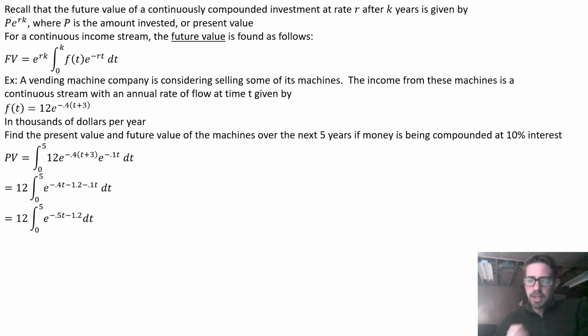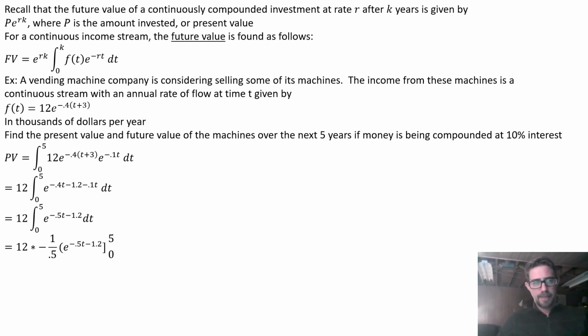Again, just think about the substitution rule. We don't really have to do it. Just think, what's the derivative of that inner function, negative 0.5 t minus 1.2? The 1.2 doesn't appear in the derivative. So the derivative, du, is just going to be negative 0.5 like it was the last time. So all that's going to end up happening if you do the whole process is we're just going to end up dividing by negative 0.5.